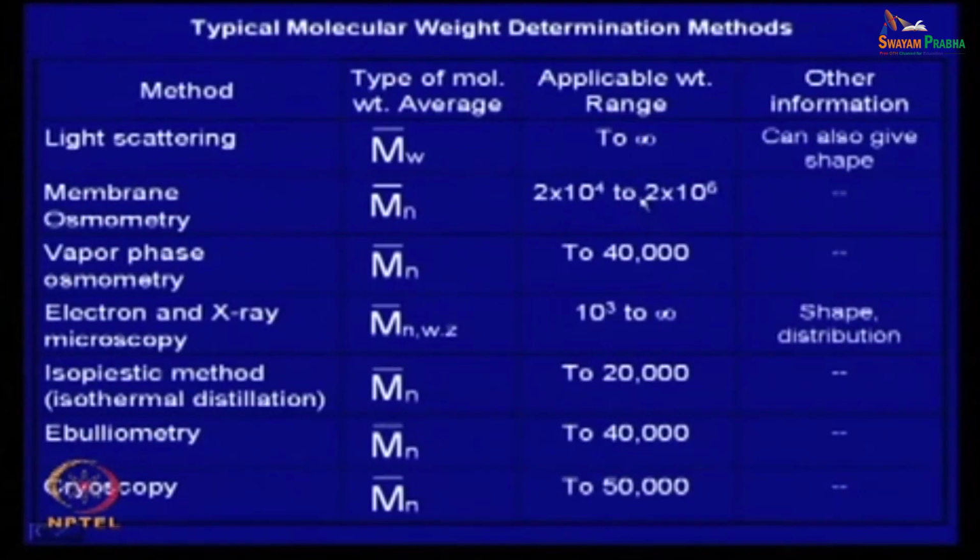The range of molecular weights which are sensitive to each of these techniques is shown over here. So, from this you can select. For very high molecular weight, say ebulliometry cannot be suitable, whereas for low molecular weight, membrane osmometry cannot be suitable.